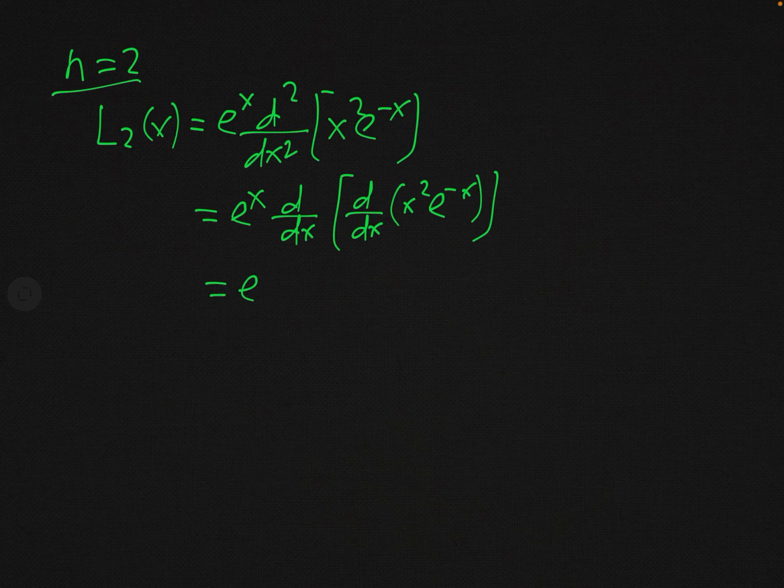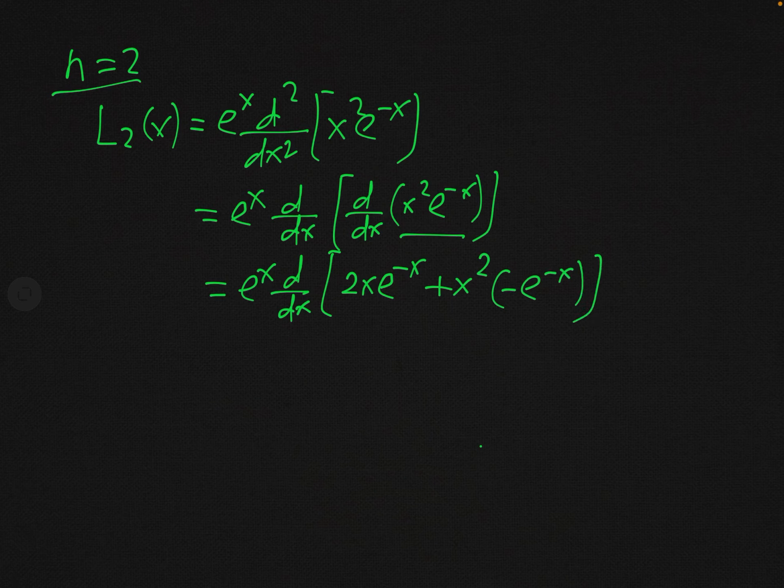Now simplify it. Now we will differentiate this product, x square times e to the power minus x. So the derivative of x square will be 2x times e to the power minus x, plus x square times the derivative of e to the power minus x with respect to x, and this will be minus e raised to the power minus x.